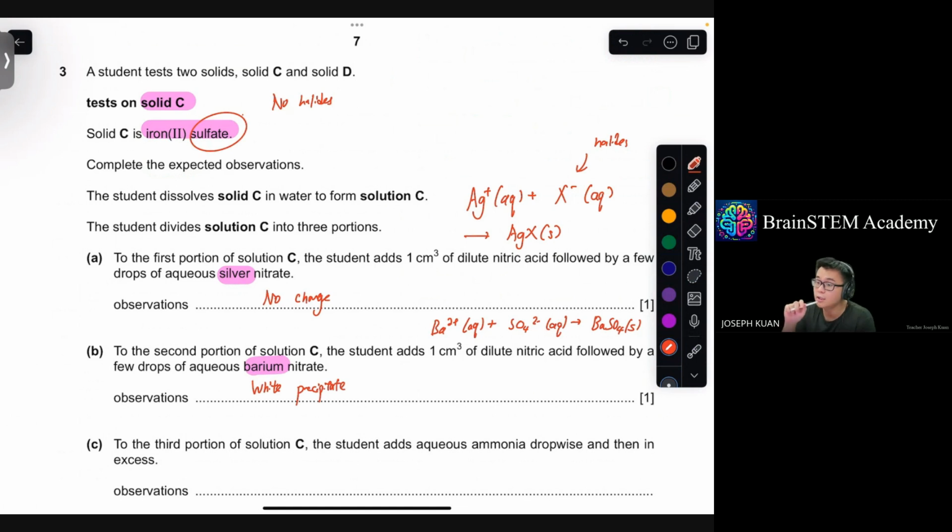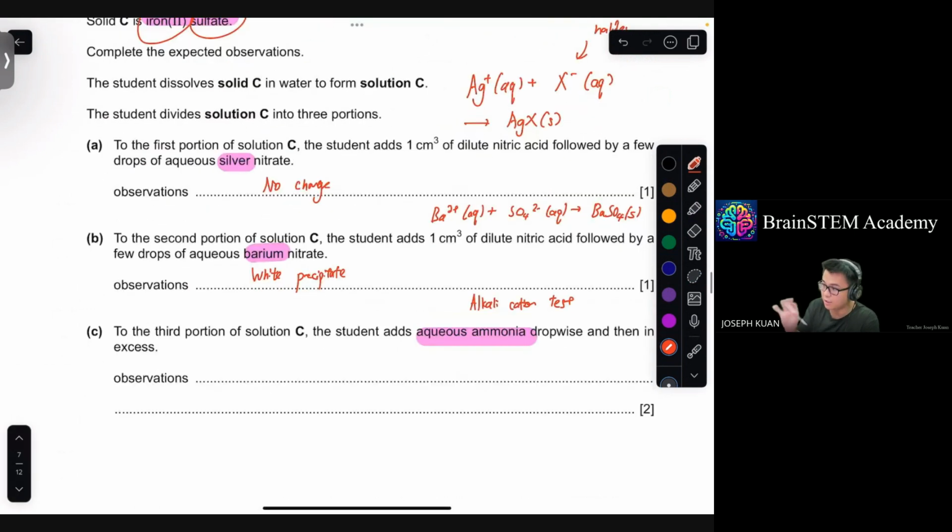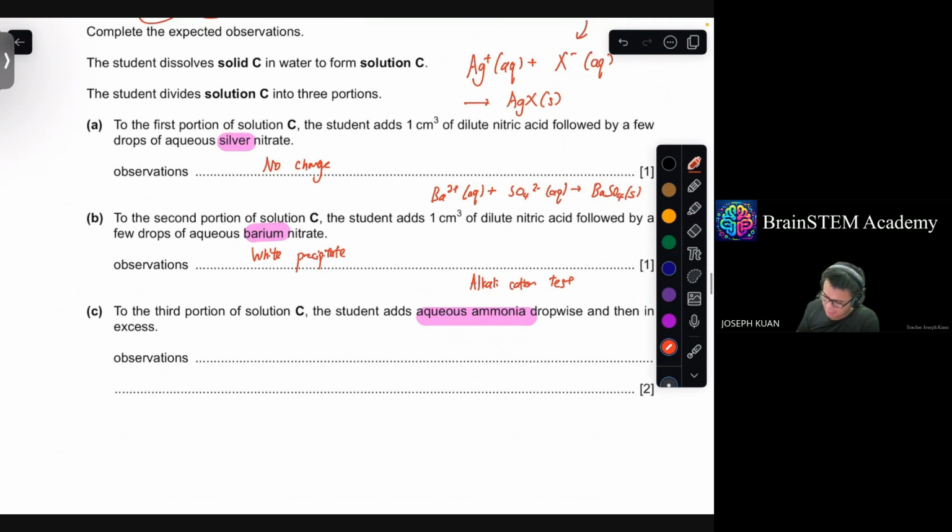Moving on to C, to the third portion of solution C, the student adds aqueous ammonia dropwise and then in excess. Now, this is a cation test. So this one will react positively with iron 2 ions, not the sulfate ions, but the metallic cation. So iron 2 is green in color.